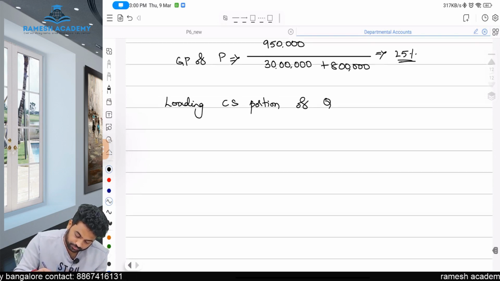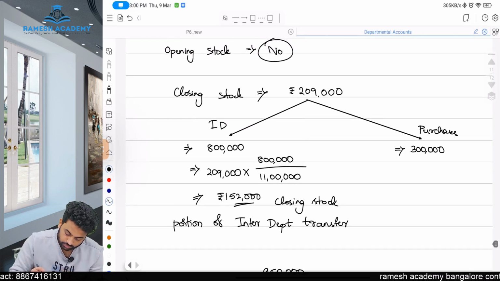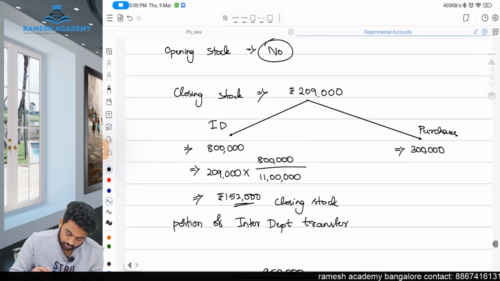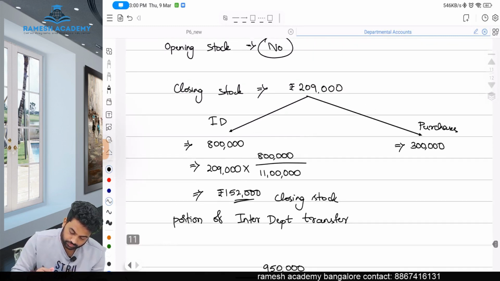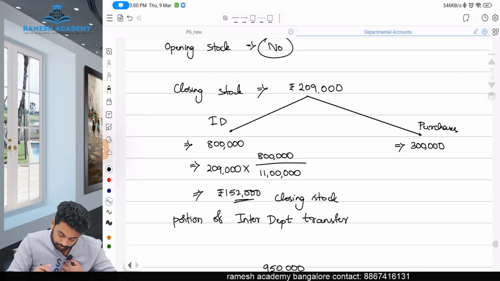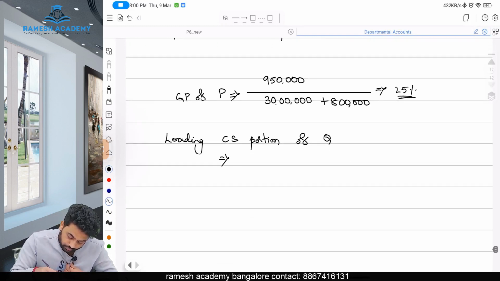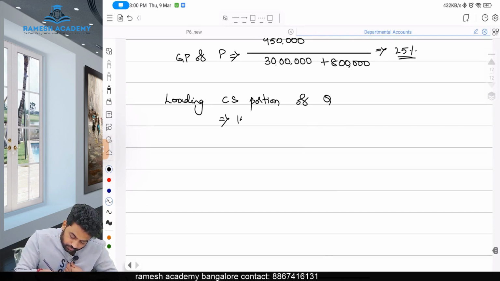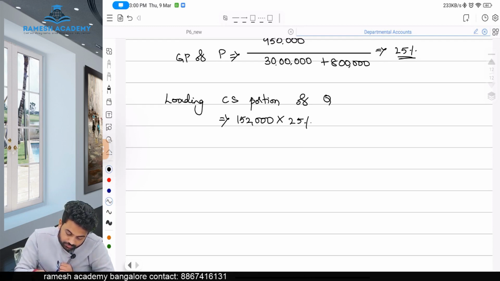Q is how much? 152,000, right? Into 25%.